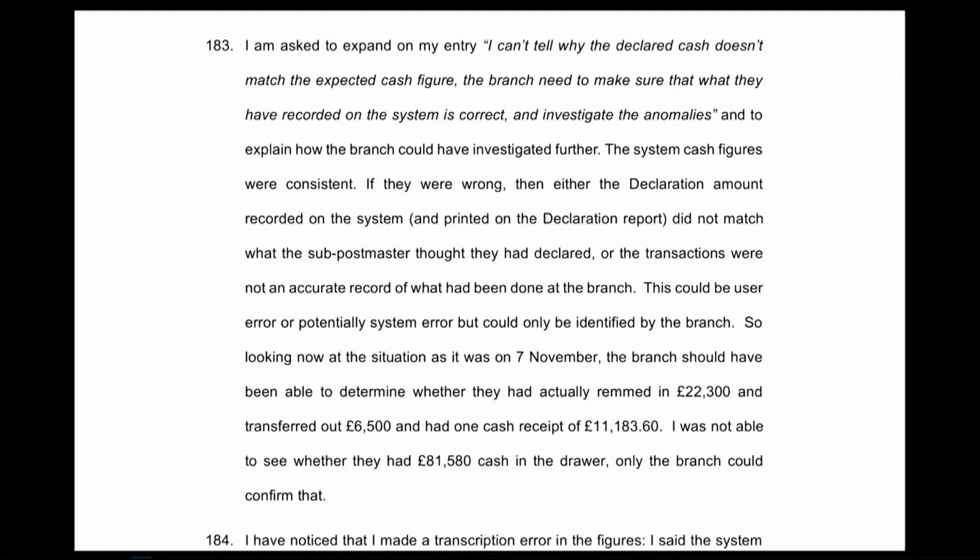And 8 or 10 lines in, you say this could be user error or potentially system error, but could only be identified by the branch. Can you see that? Yes.